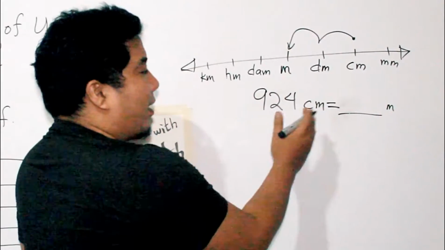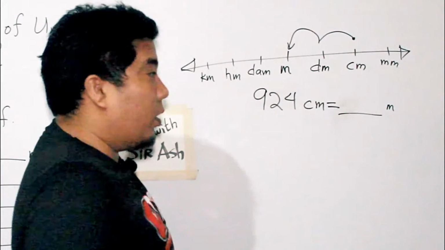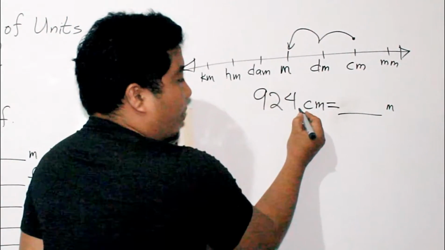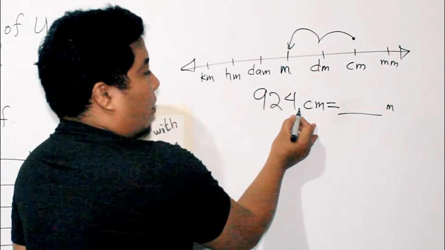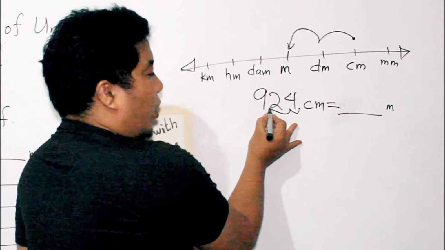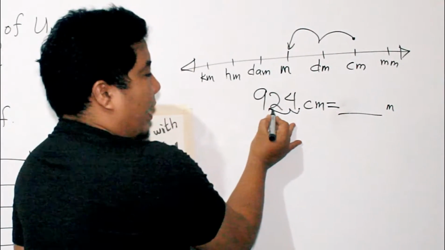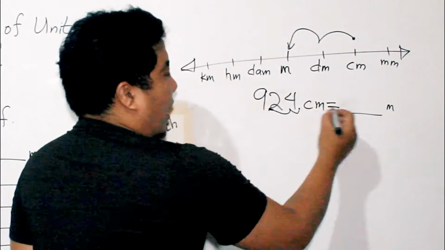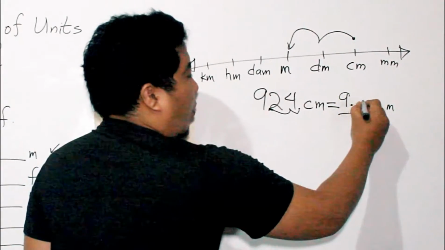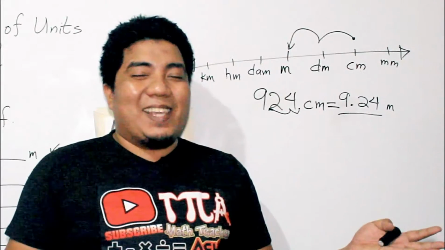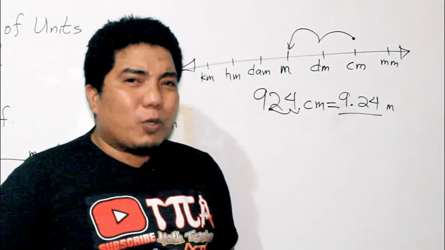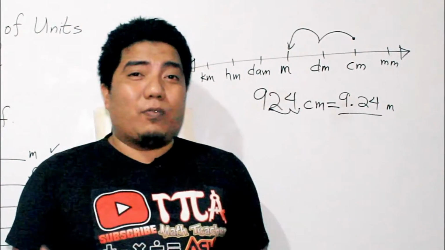Since this is 924, of course that is a whole number. The decimal point is right here, right? So we will move 2 units to the left, and basically we will be landing here. So that will become 9.24 meters. Easy, right? So that is how you convert using the conversion line.